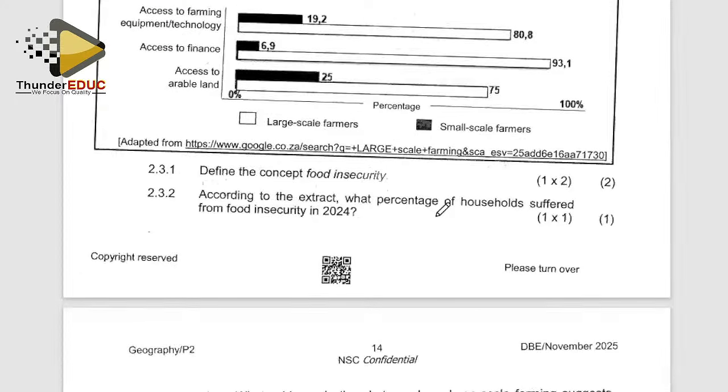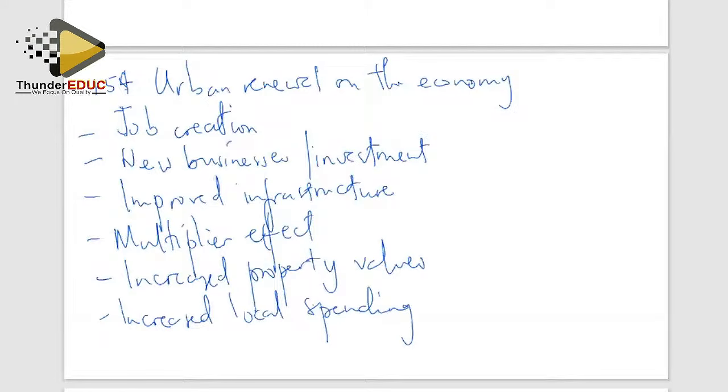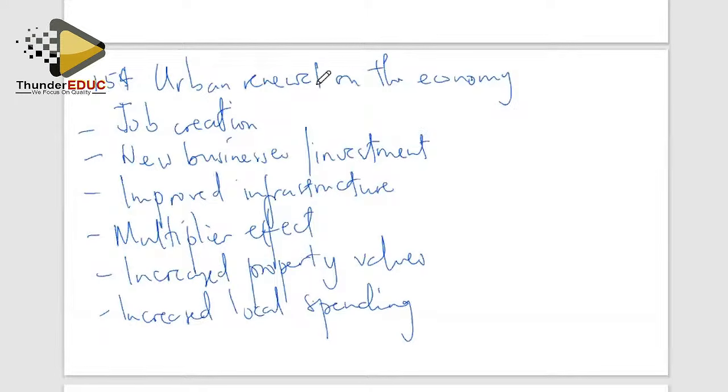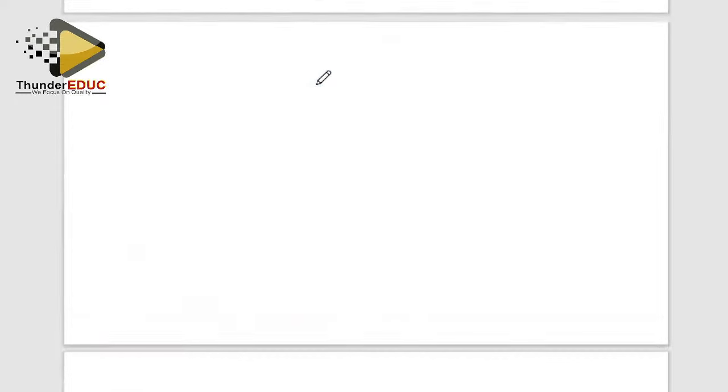Define the concept food insecurity. That is our first question, question 2.3.1. The question is on food insecurity. Can you please note the difference there between food security and food insecurity?